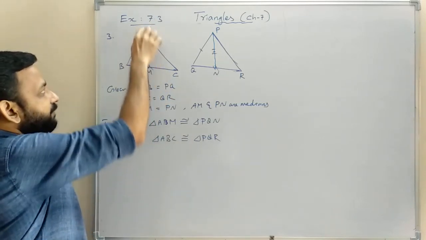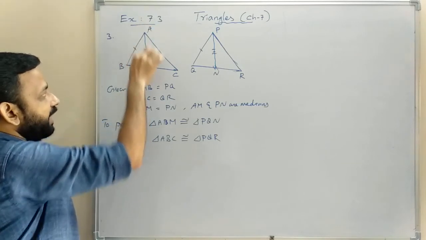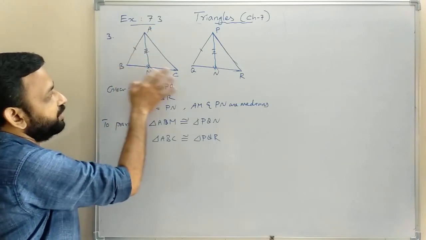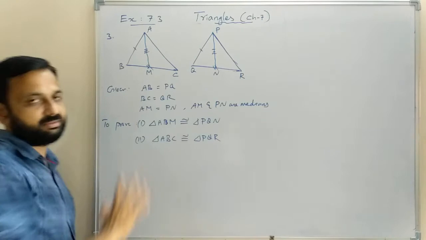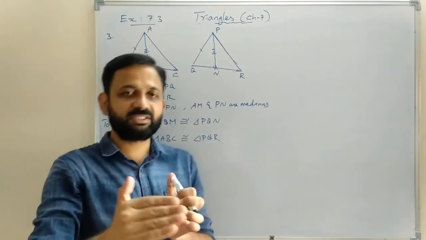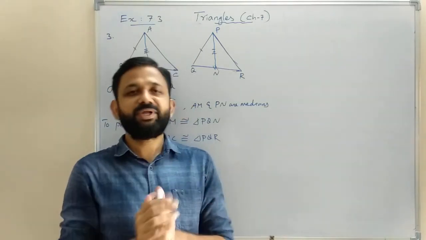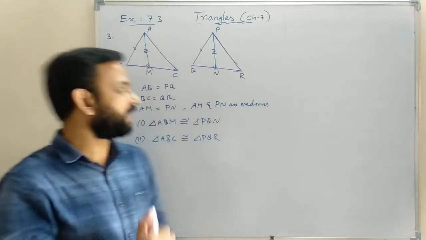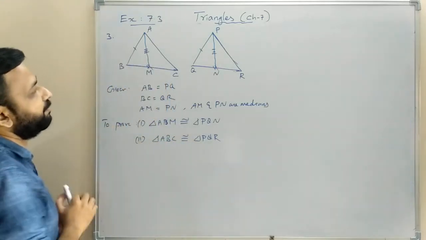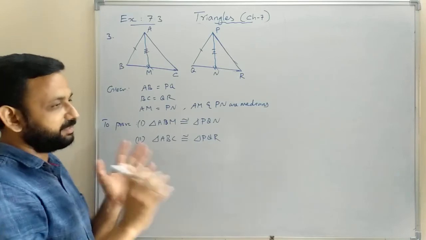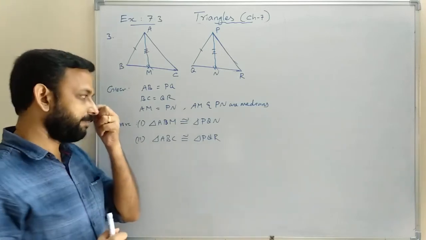If AM is the median, that means AM divides BC into two equal parts. So the median of a triangle divides the corresponding side into two equal parts, or we can say M is the midpoint of BC.